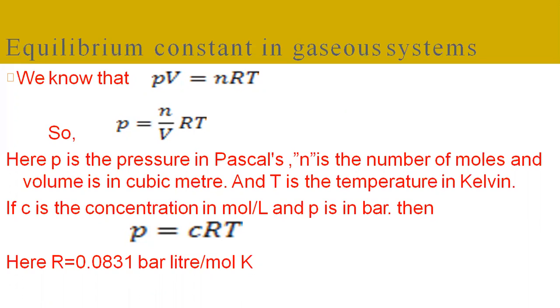And if the temperature is given in Celsius or Fahrenheit, at that stage you have to convert it into Kelvin. Whenever we talk about the number of moles or concentration of the products and reactants, you can substitute C in place of n upon V, because n upon V is equal to moles per liter, which means C is the concentration in moles per liter.